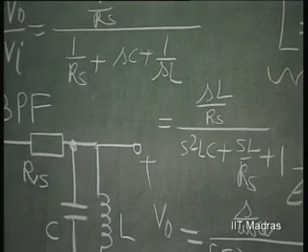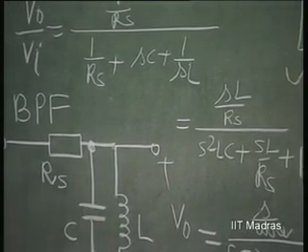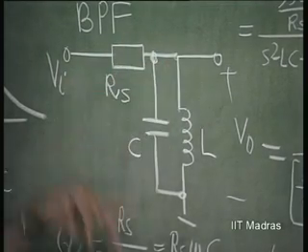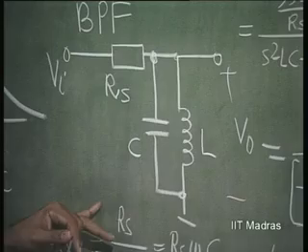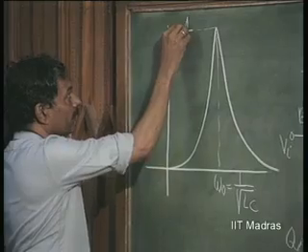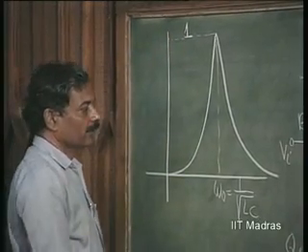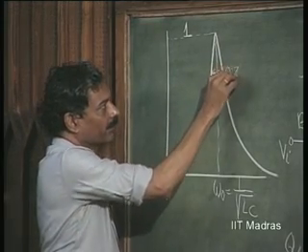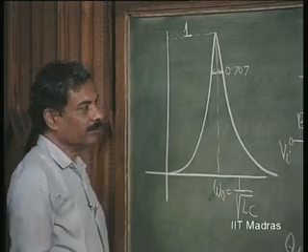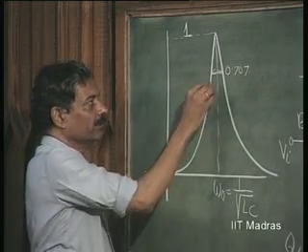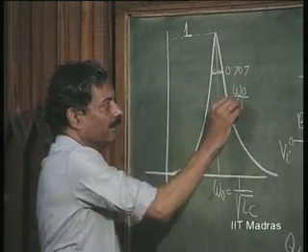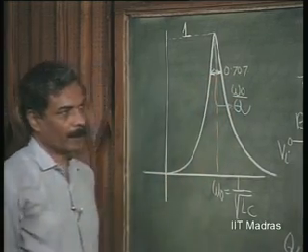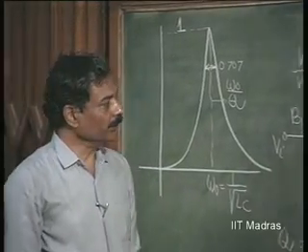So, at resonance this particular thing becomes infinite resistance, and output will be equal to input. So, this is unity, and the bandwidth is obviously at the 0.707 value. This bandwidth corresponds to omega naught divided by Q by definition.